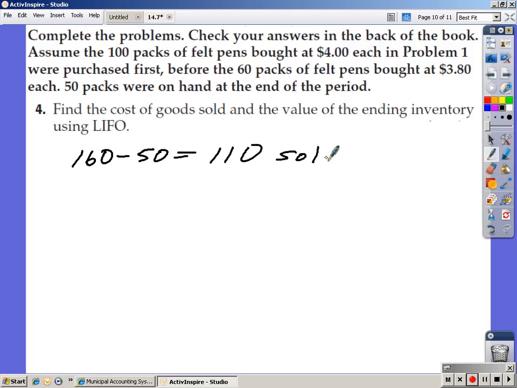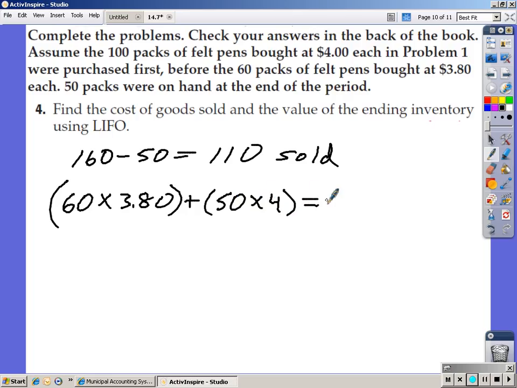All right, so according to the LIFO method, we use the last in, first out. So since the 60 came in last, we sell those first. So 60 times 3.80, all right, plus, now if we sold 110, 110 minus 60 means that we sold 50 of the packs from the $4 variety.